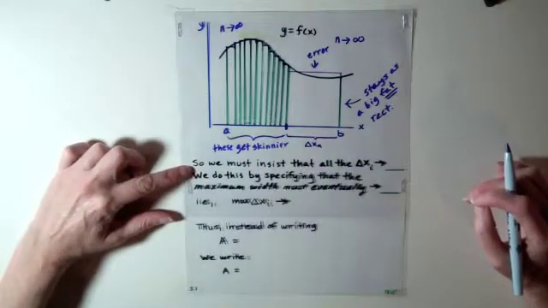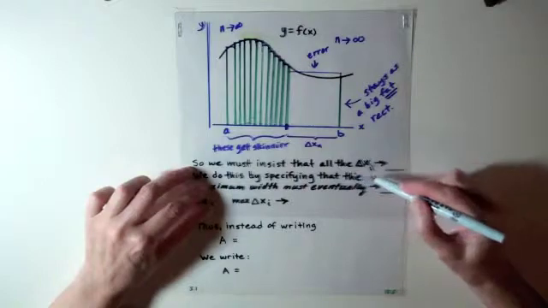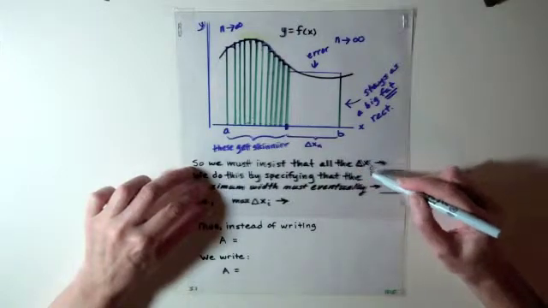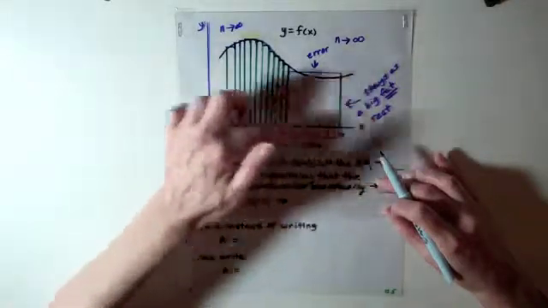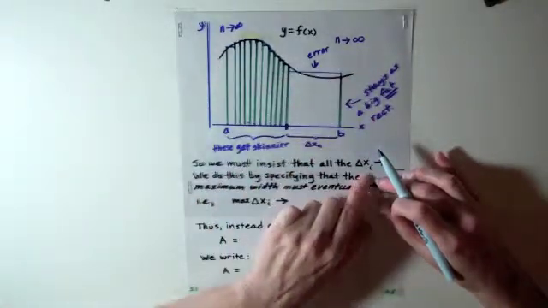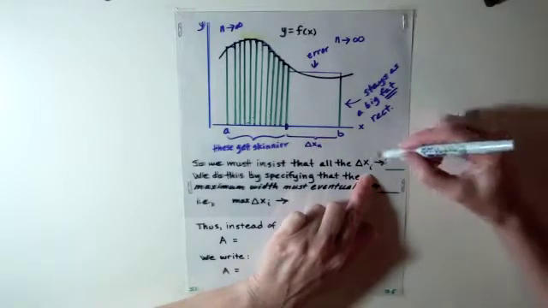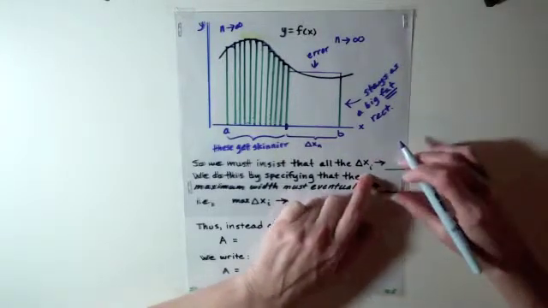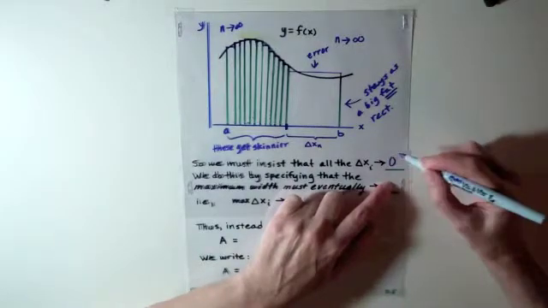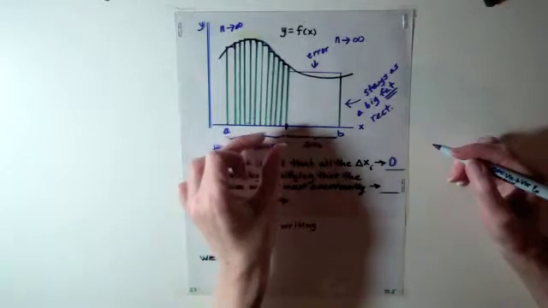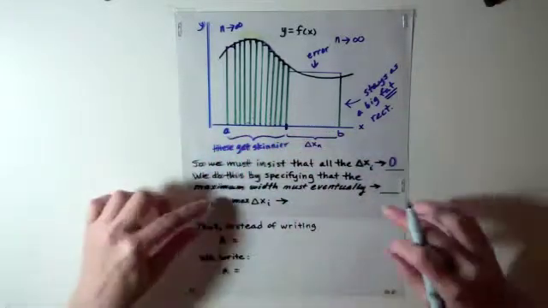So let's go ahead and say that we must insist that all of the widths, the delta xi, where I've left i as some unknown width, one of these widths, but all of the delta xi must eventually go towards, well, we said they have to get smaller and smaller, and in particular they have to get closer and closer to 0. So all of my rectangles must eventually get infinitely thin. The widths have to go to 0.